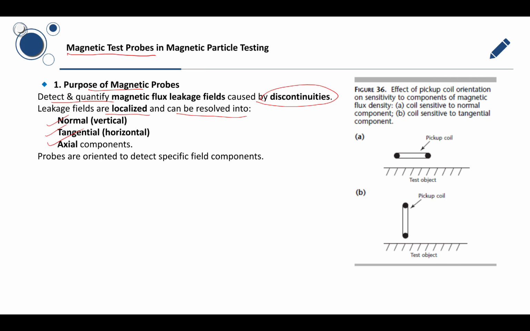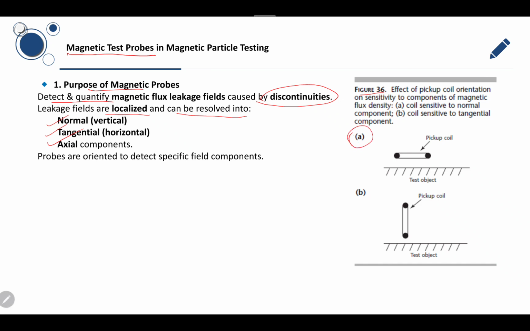For example, a probe designed for normal flux will be less effective for tangential flux. In this section, we are looking at figure 36, which demonstrates how the orientation of a pickup coil affects its sensitivity to magnetic flux density components.